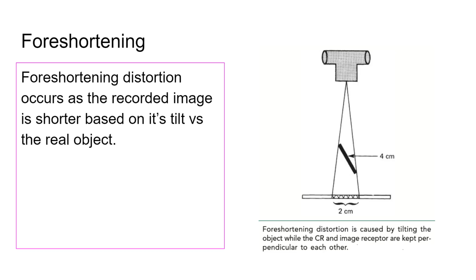What you could do, right, is turn this way and turn the tube this way. So everything becomes perpendicular and parallel. That's easier said than done because the object is inside the body. You don't know what the obliquity of it is. And we can't take x-rays to take x-rays, right?